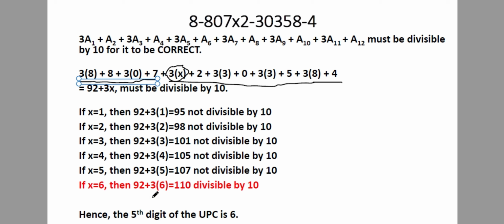So therefore, x is equal to 6, and hence it is the fifth digit of the UPC. So this is now 6. So we have 88076230358 as the correct UPC.